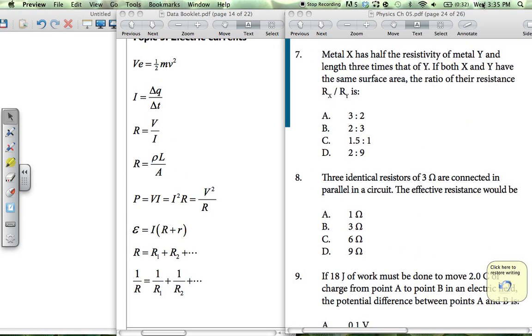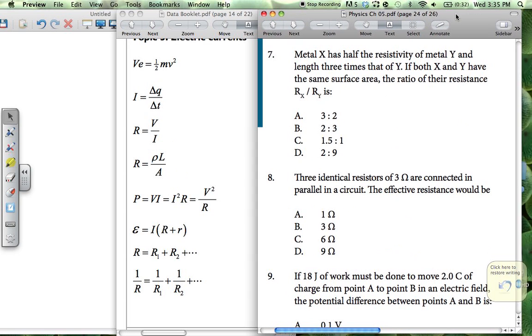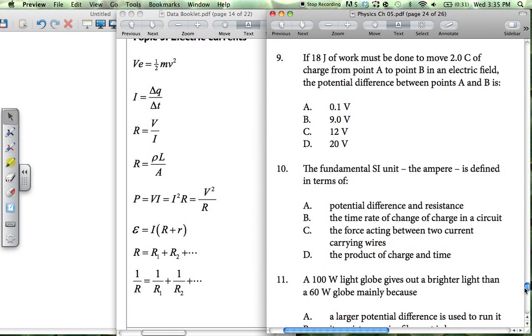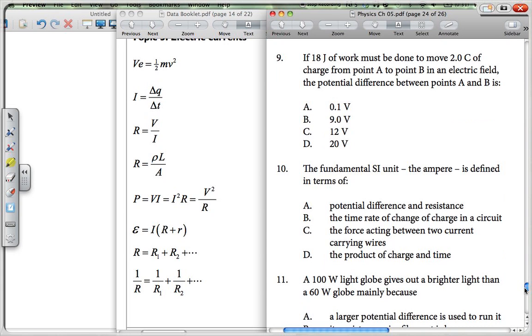Moving on here to question 9. It says, if 18 joules of work must be done to move 2 coulombs of charge from point A to point B in an electric field, the potential difference between these points A and B is.